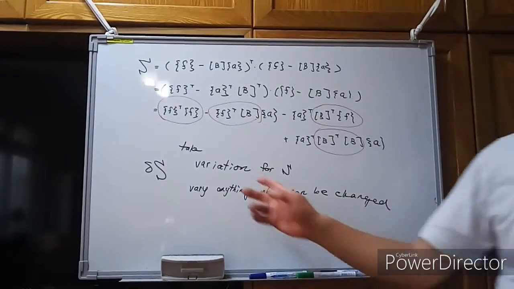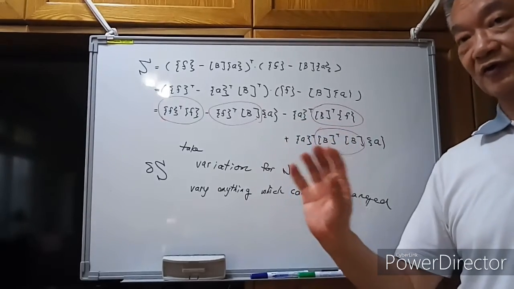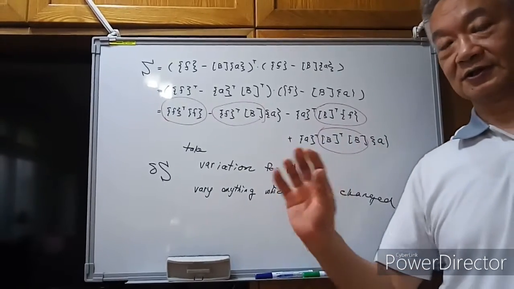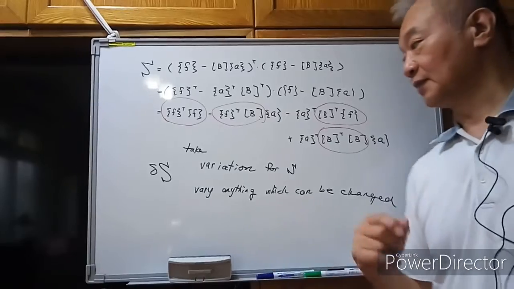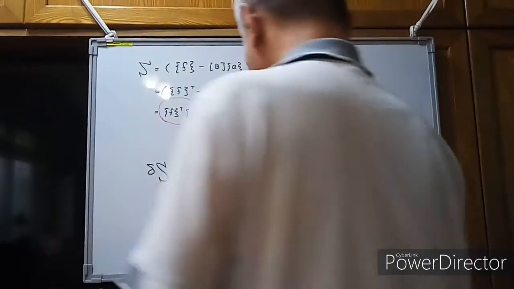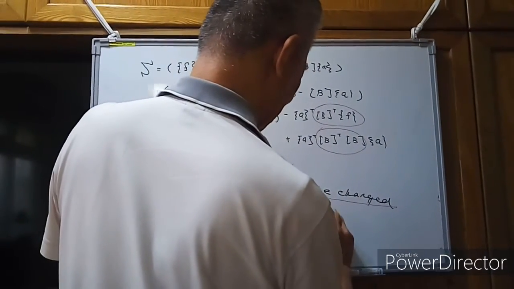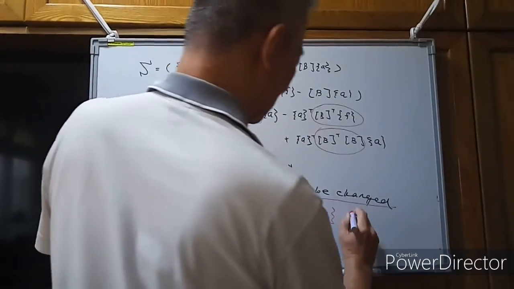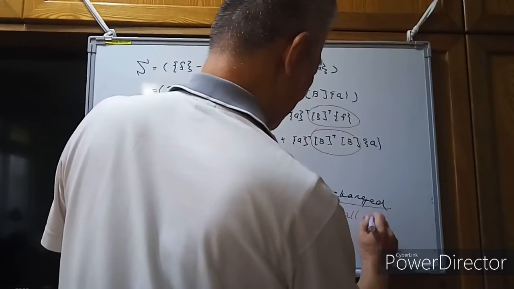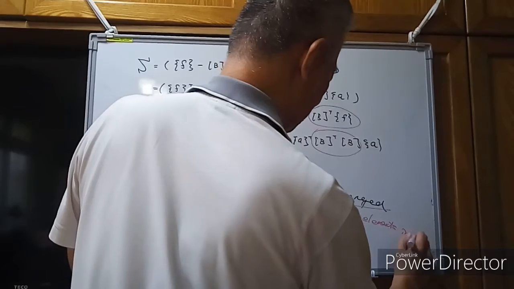And in the variation method, we will make small variations for anything which can be changed, and the elements are in the A vector. All elements in the A vector.